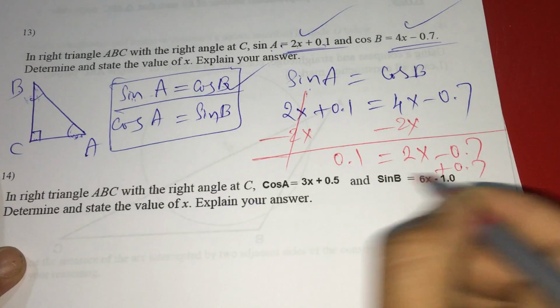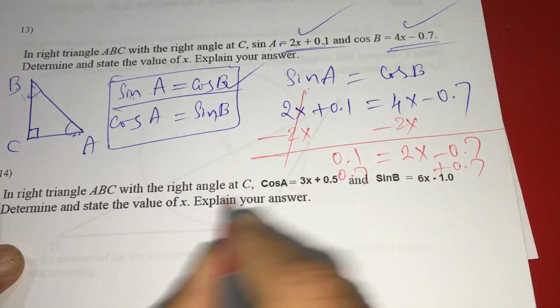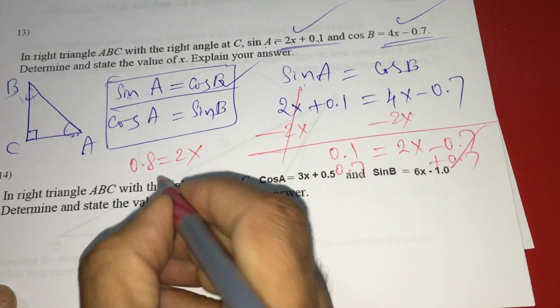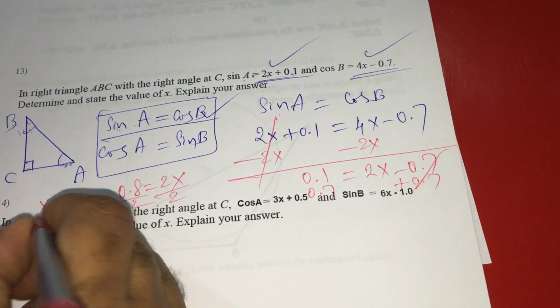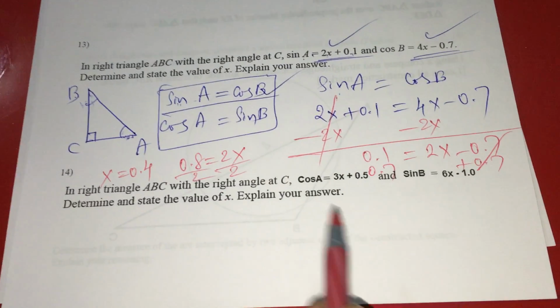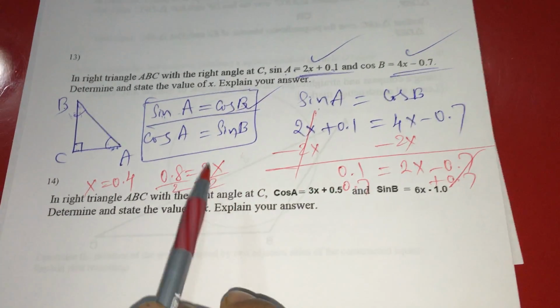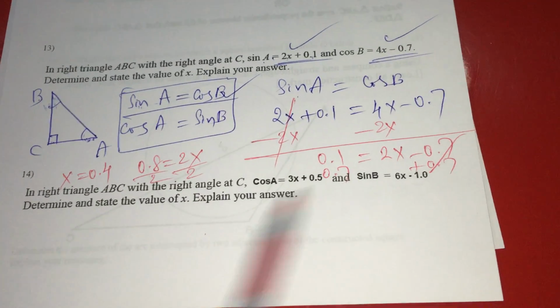Then when you add 0.7 on both sides, you get 0.8 equals 2x. Therefore, divide by 2, and you get x equal to 0.4. He asked us to find the value of x, so we got this value. In the same exact way, please try 14. And see the last question, 15.